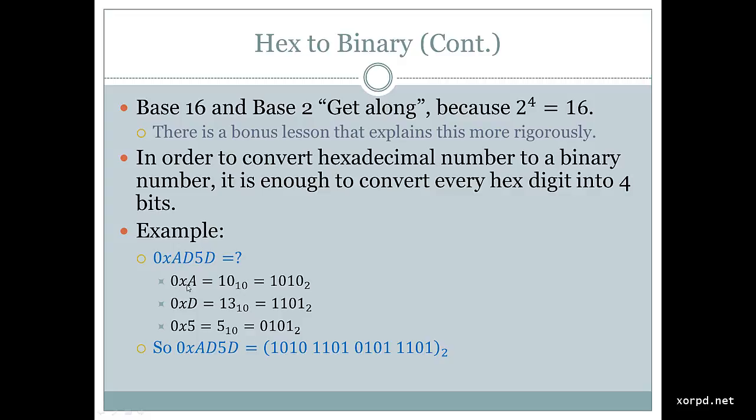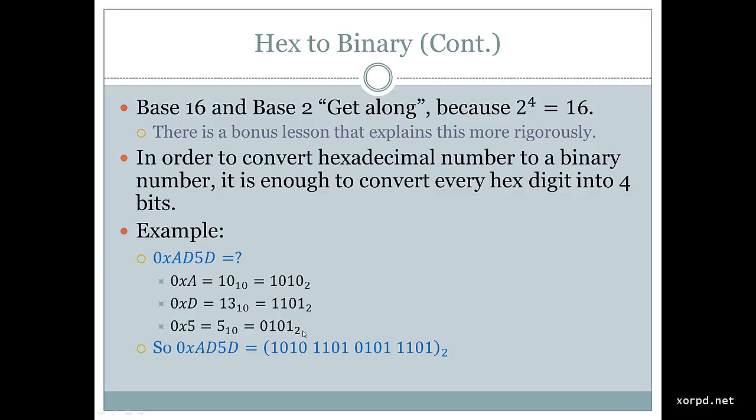First look at A, and we get that A equals 10 in base 10, which is 1010 in base 2. The digit D in base 16 equals 13 in base 10, which equals 1101 in base 2. The digit 5 in base 16 equals 5 in base 10, which equals 0101 in base 2.